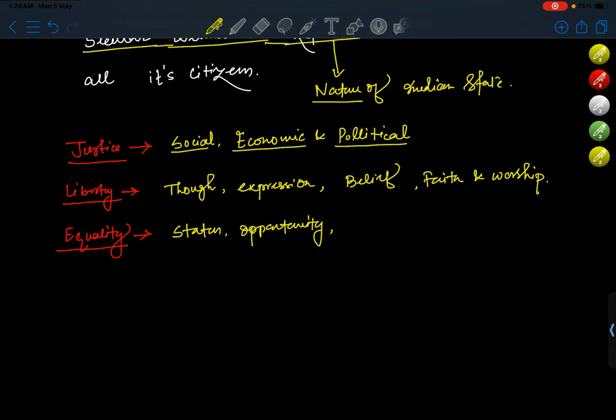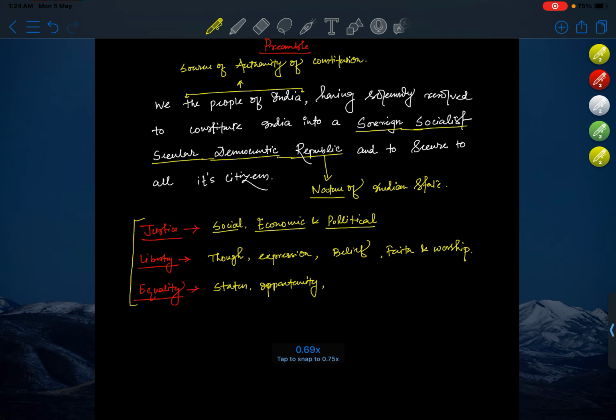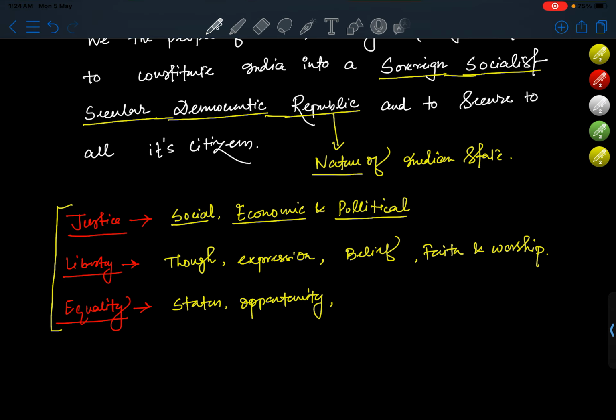Okay, so this is intrinsic to this preamble. In our constituent assembly, in the original preamble, there is also a date, that is 26th November 1949.